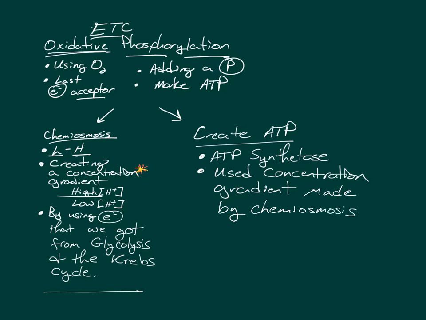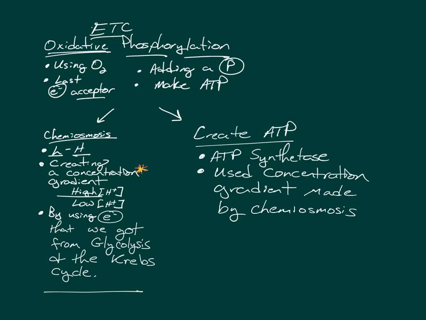Which depended on the electrons, which came from where? From TCA and from glycolysis, which originated where? Where did these electrons come from? Originally from glycolysis, and originally from what molecule? Sugar. So all these came from sugar. And it could be another biomolecule, but let's just stick with sugar for now.